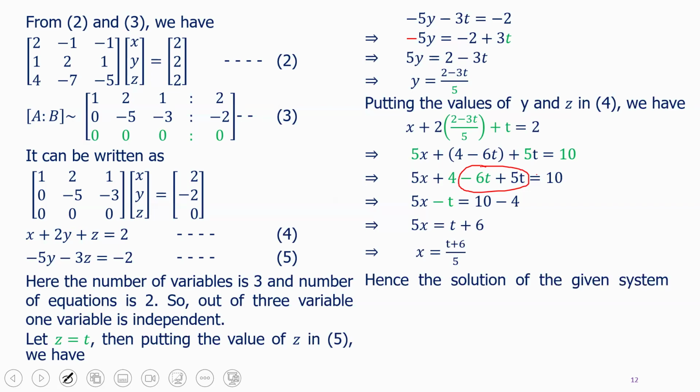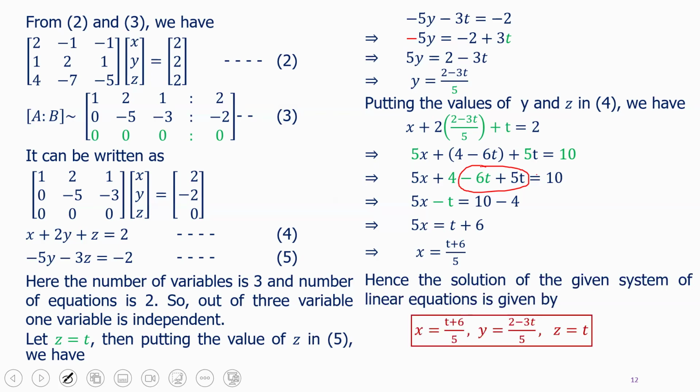Hence the solution of the given system of linear equations is given by x equal to (t plus 6) upon 5, y equal to (2 minus 3t) upon 5, and z equal to t. So why is it called infinitely many solutions? Because t is a real number, and we know that a real number has infinitely many values.